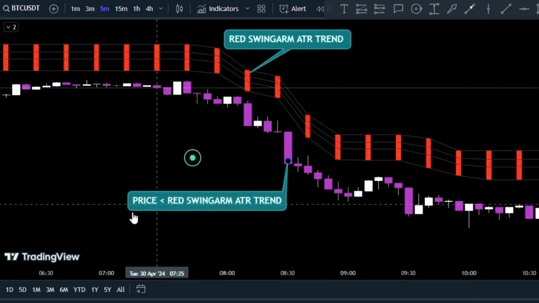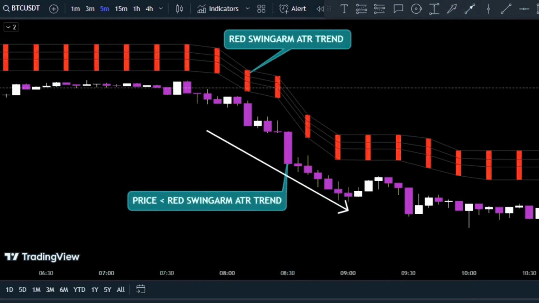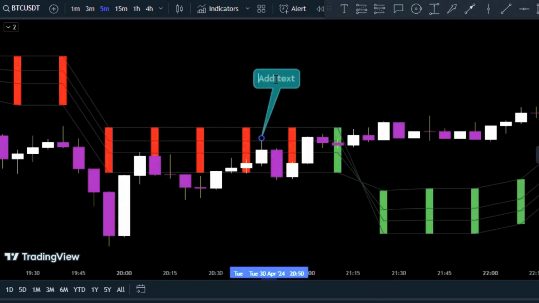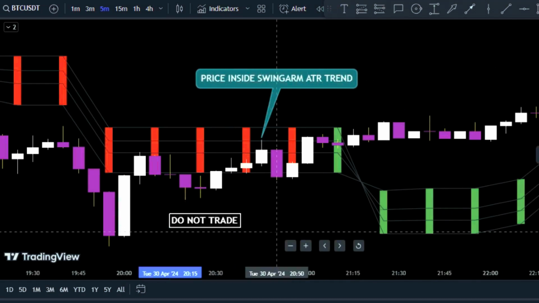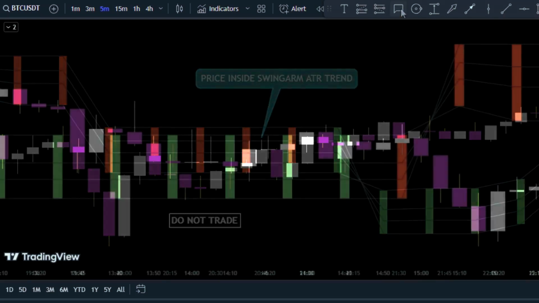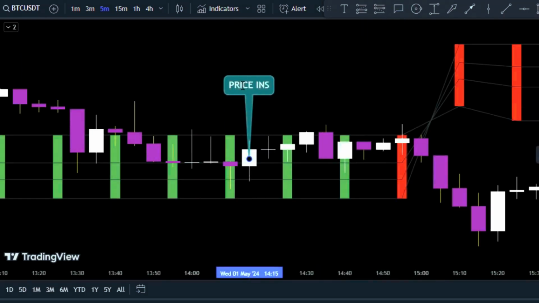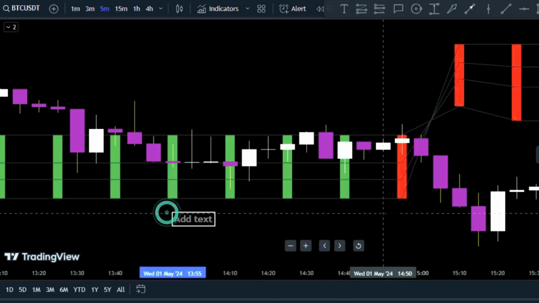In this scenario, you'll be looking for a sell signal from the STD filtered regularized EMA indicator. Lastly, if the price is nestled between the green and red lines of the Swing Arm ATR Trend Indicator, it suggests that the market is in a sideways movement. During such times, it's best to hold back on making trades until a clear trend becomes visible.